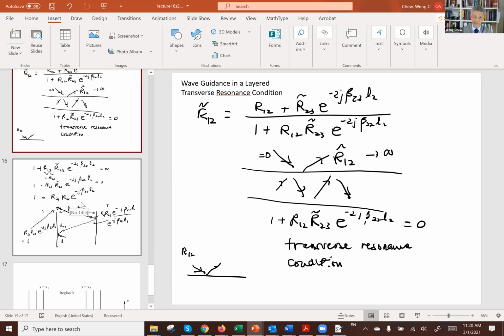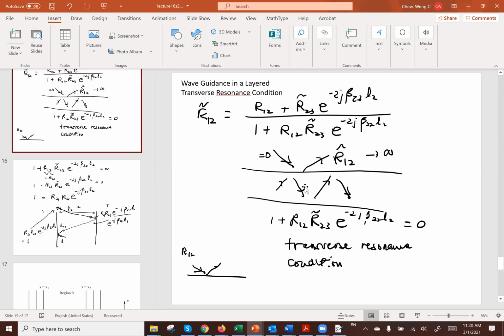There will be no energy loss if the medium is lossless. However, if the medium is lossy, as the wave bounces around, it will be dissipated as well. That's a good question, because I never explained why this wave is guided. This wave is guided because of multiple bounces due to total internal reflection.